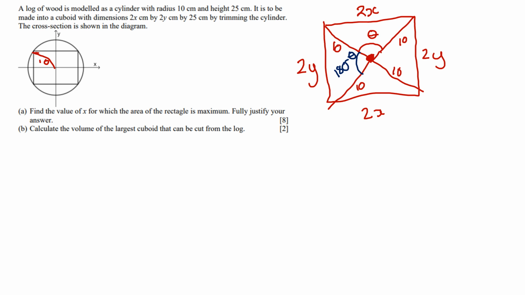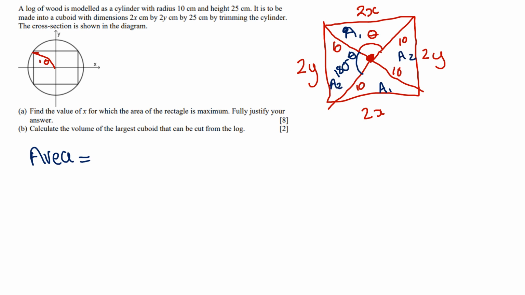Right, area of that thing then. The area would equal: we've got two of these triangles, which we call area 1, and we've got two of these area 2s, if they're any different.